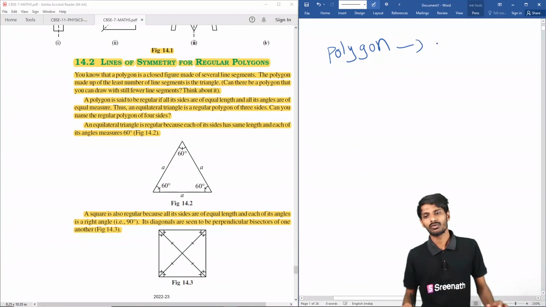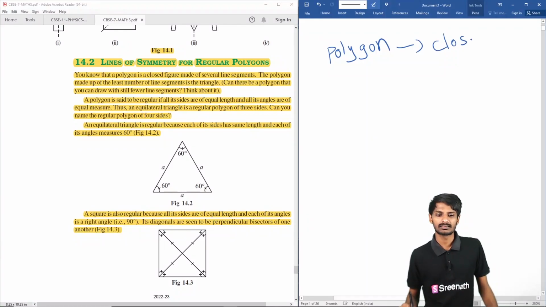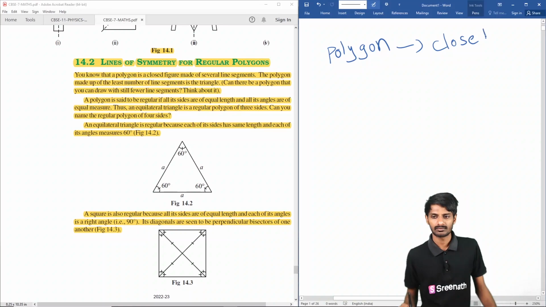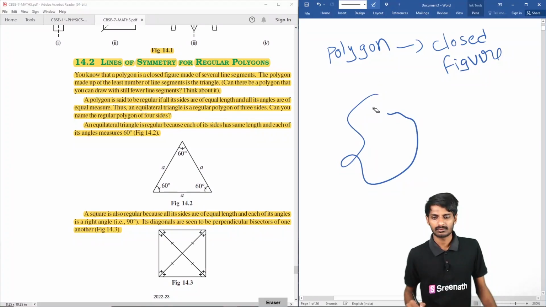First thing you have to know about is closed figures. So I will draw some figures.